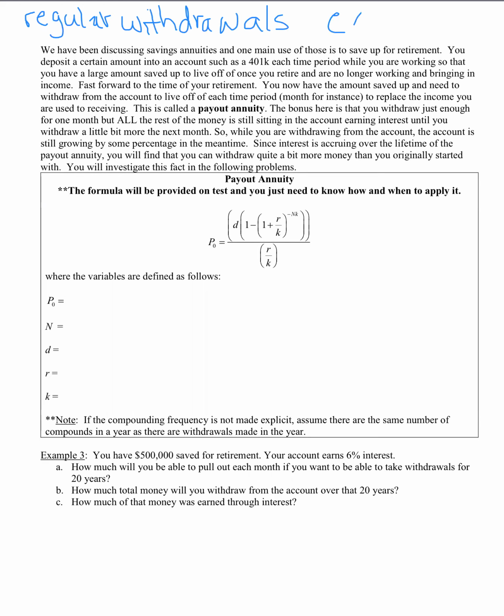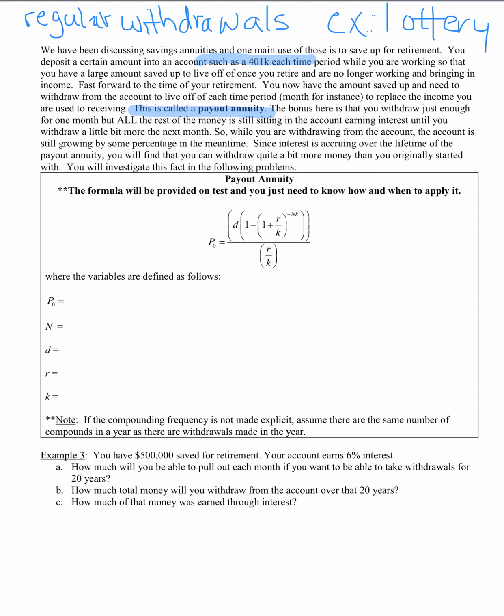Think of this: if you won the lottery, you might want to take that lump sum, put it into a payout annuity, and then have it pay you out every month, so you always have a little bit of money coming in. Another one would be, once you save all your money for retirement, you've got that 401k, you then want to figure out how much you can actually take out every month or every week or every year, depending on how long you want to have it.